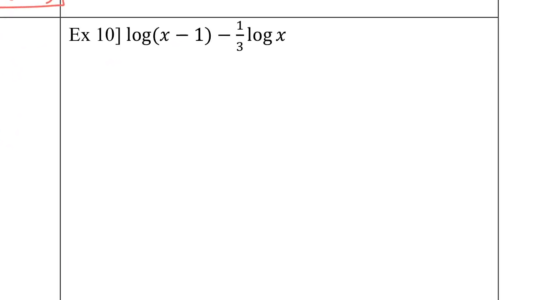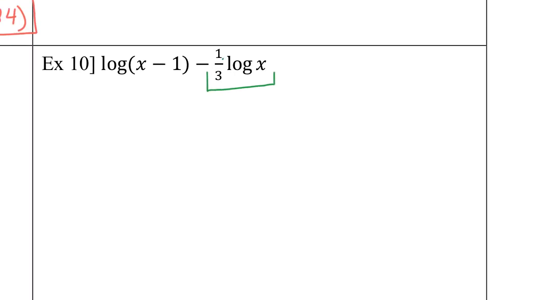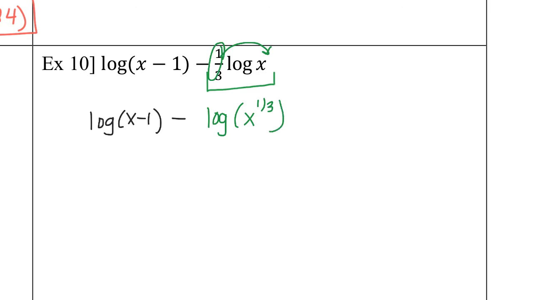Okay, log of x minus 1 minus 1/3 log x. Again, start with your exponents. I see that I have a coefficient on this last log, so that means that 1/3 is actually this exponent. So we're going to have log of x minus 1 minus log of x to the 1/3.